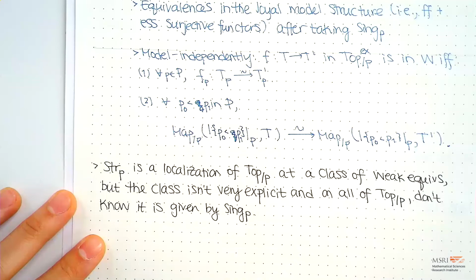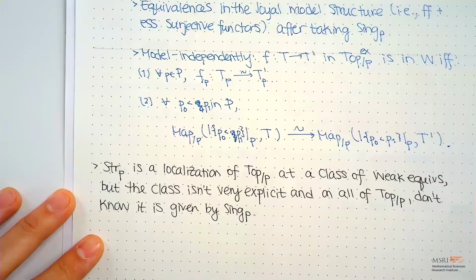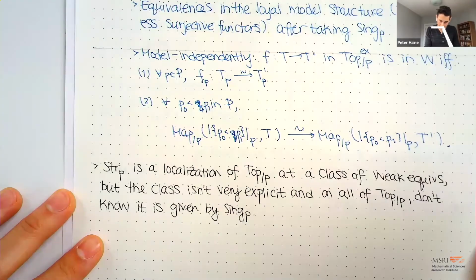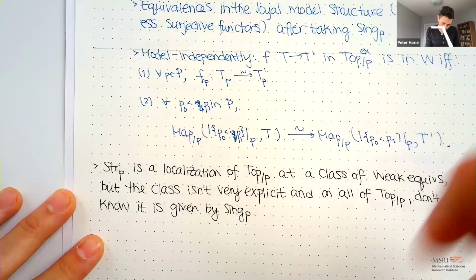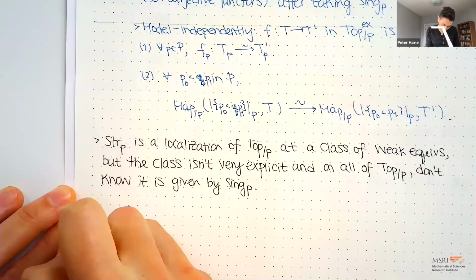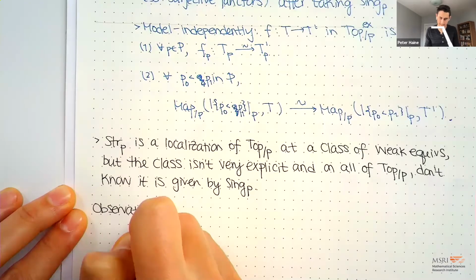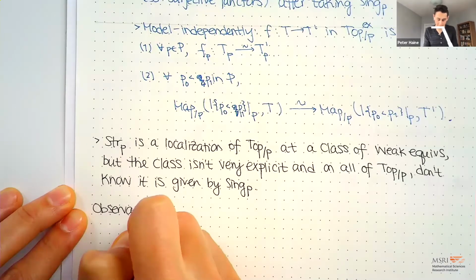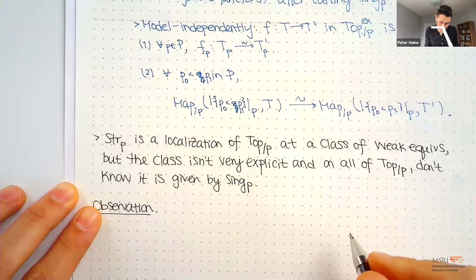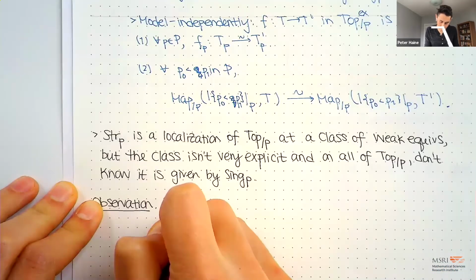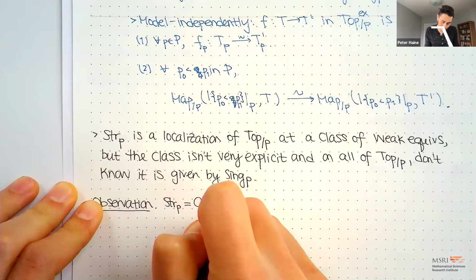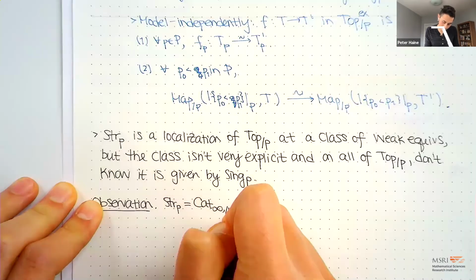I was going to do this later, but I think it's good to do now. So the observation is actually that this Str P, remember, this is infinity categories over P, where the structure morphism is conservative.